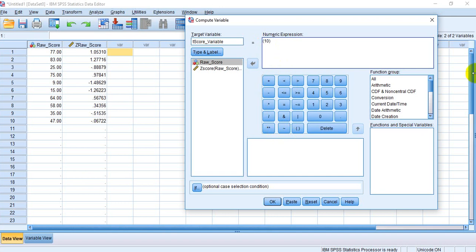Ten into Z score. This is Z score. You put this Z score here, and then we add it plus, you see, plus, and then you add 50, you can measure the T-score variable.